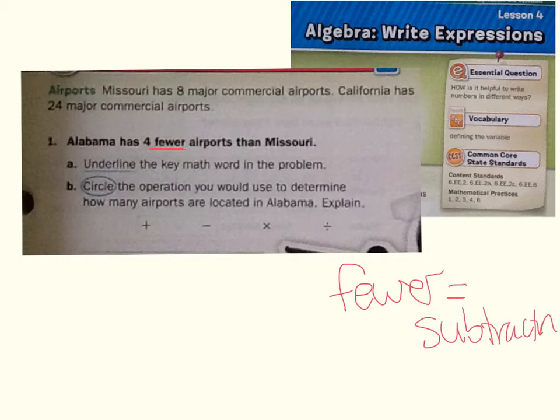Well, in this sentence, fewer is actually our key math word in the problem. The operation you would use, whenever you have the word fewer, that's going to mean subtraction. So I am minusing or subtracting.